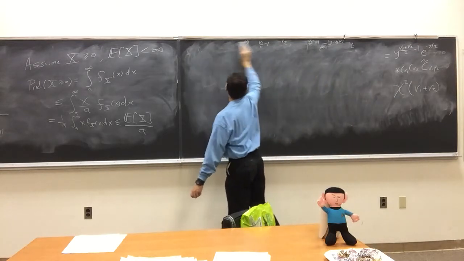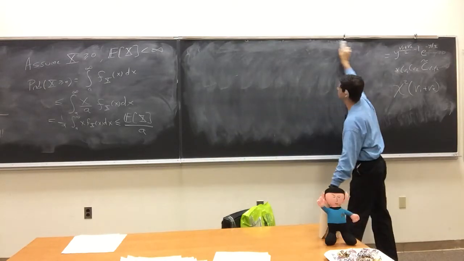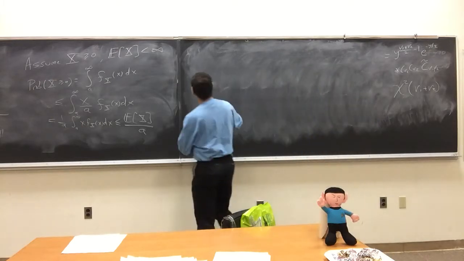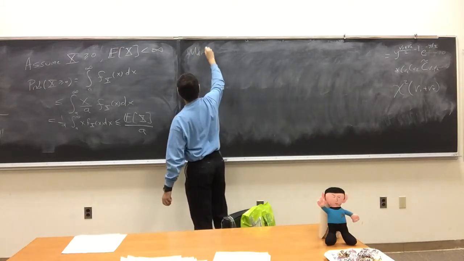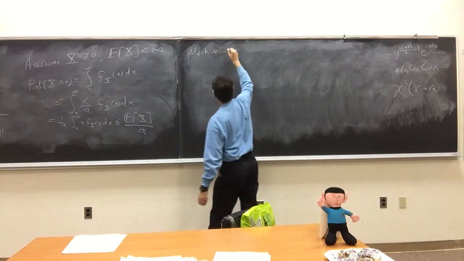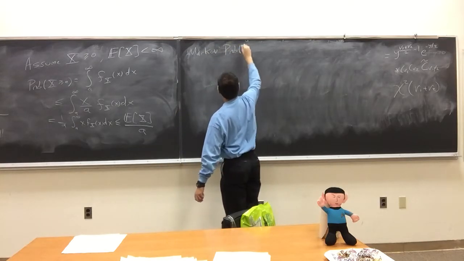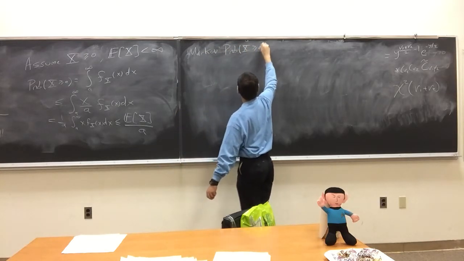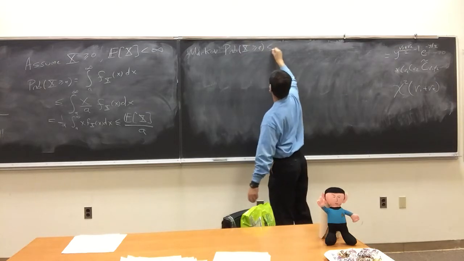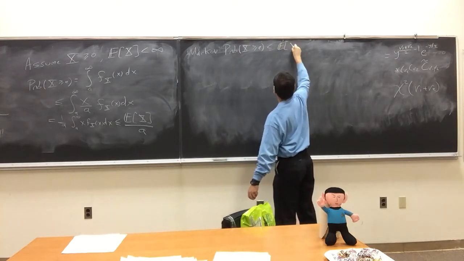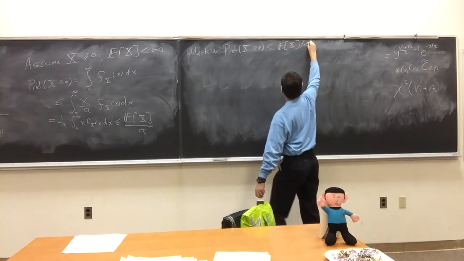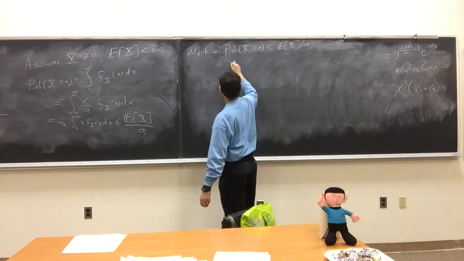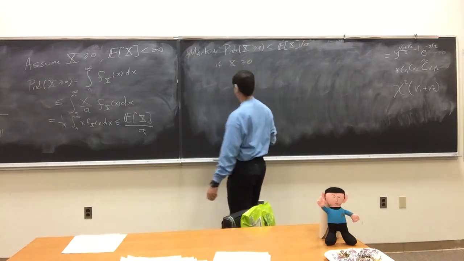So I will just explicitly write down Markov's inequality: the probability that x is greater than or equal to a is less than or equal to the expected value of x divided by a, if x is greater than or equal to 0.